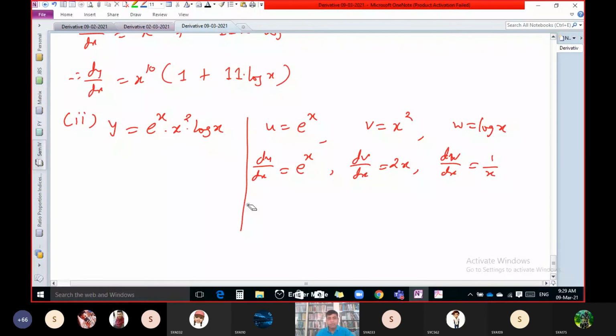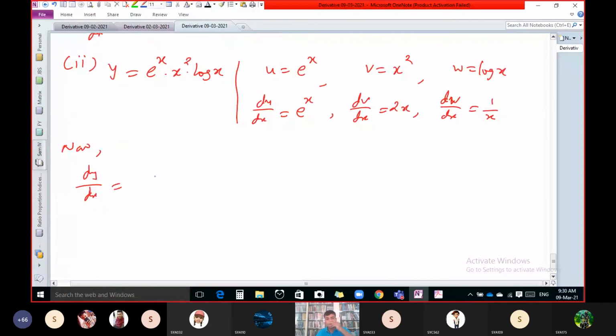And now use the rule. Now dy by dx. What is the multiplication rule for three functions? UV as it is into dw by dx, derivative of w, UW as it is into derivative of V, and VW as it is into derivative of U.